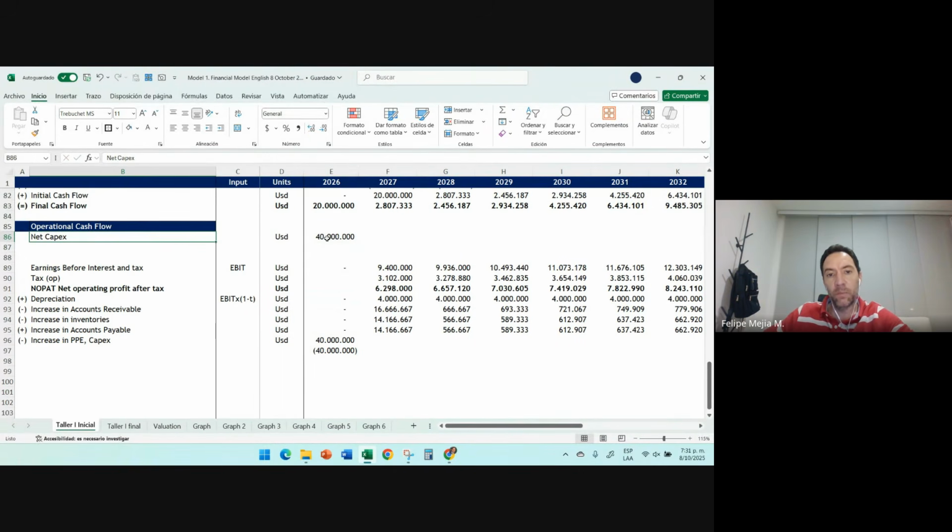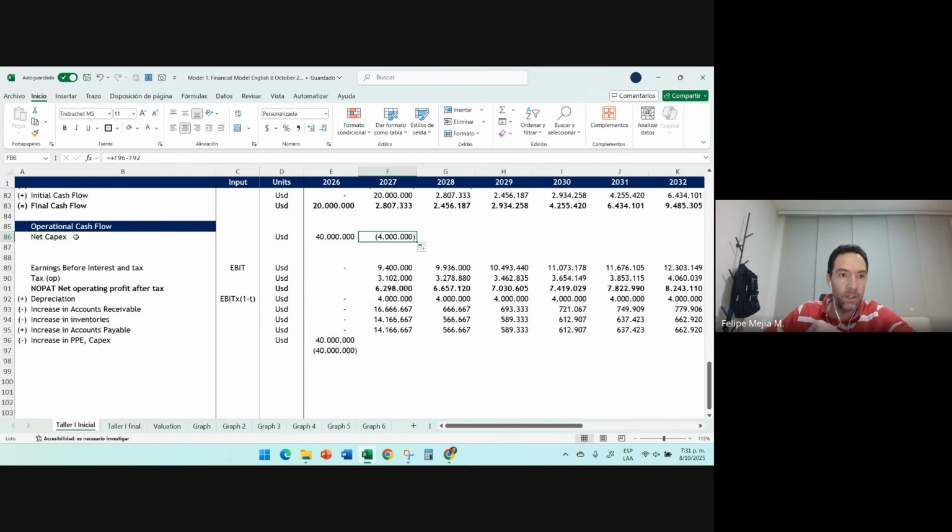So in this particular model, we have a net CapEx of $40 million. Makes sense since we're investing in the first year of the project. And then as we move to the right, we have a net CapEx that is negative. A net CapEx that is negative means that you are depreciating more than you are investing.